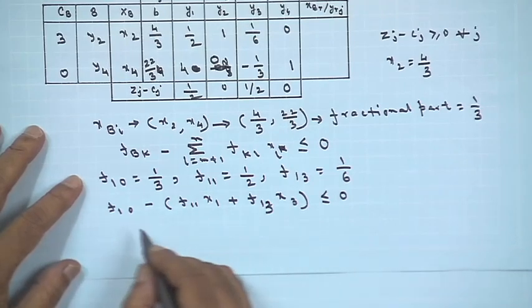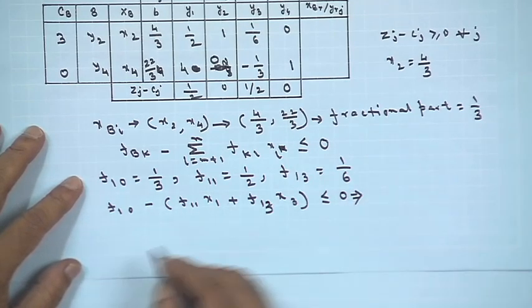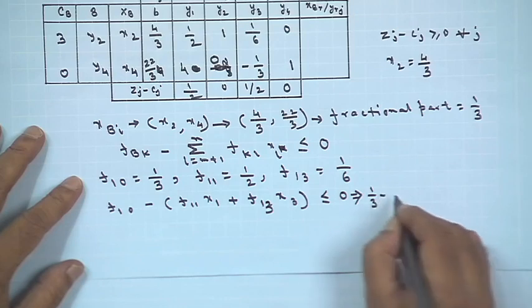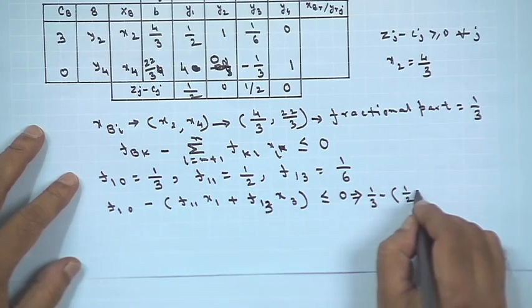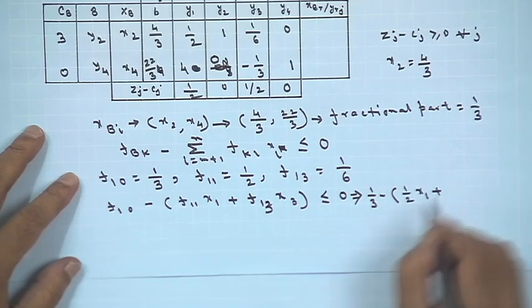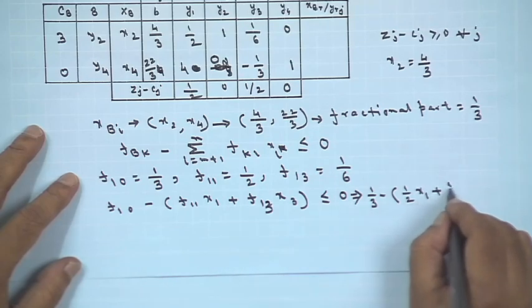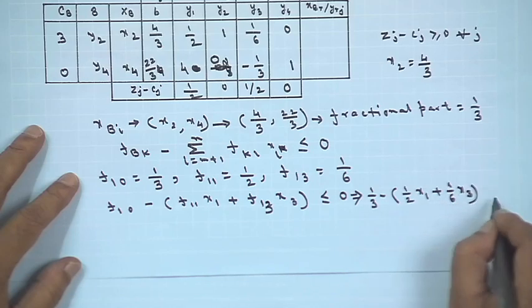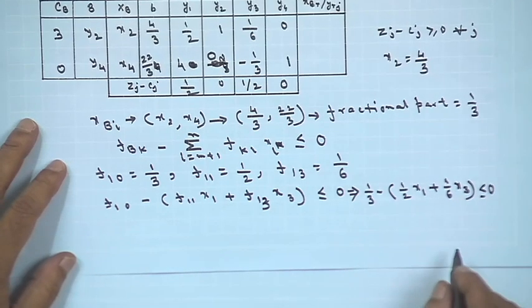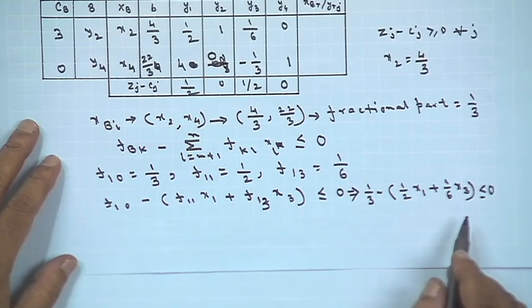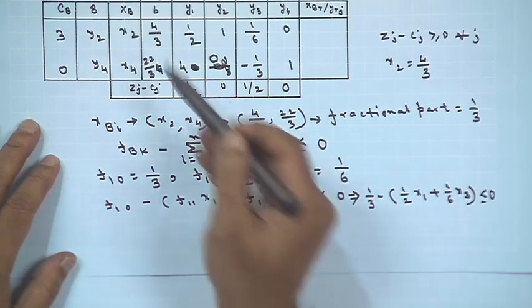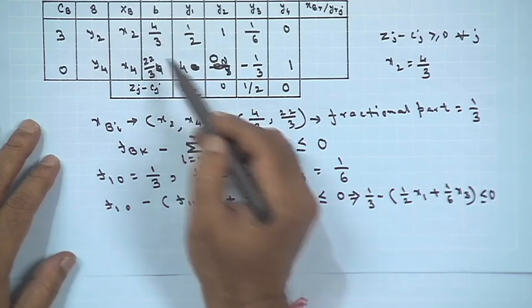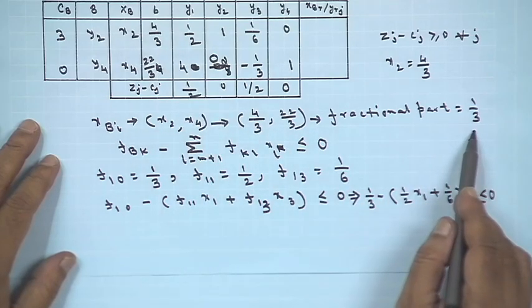If you substitute the values here, you will get 1/3 minus half x1 plus 1 by 6 x3 is less than or equal to 0. If you note this, at first I am finding the fractional part of this, which is 1/3, and of this one is 1/3; otherwise I would take the maximum one.